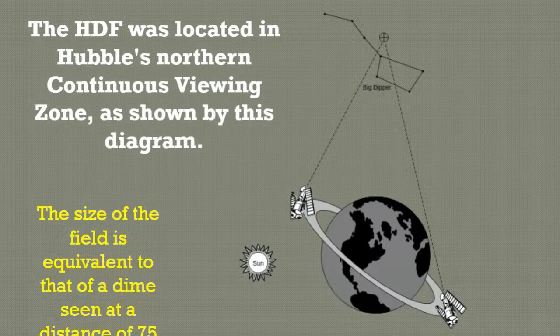So it's a teeny tiny amount of sky, and those 3,000 galaxies that you see up there are repeated at every dime-sized spot all across the night sky in the northern hemisphere and in the southern hemisphere and every other hemisphere that you want to think of.